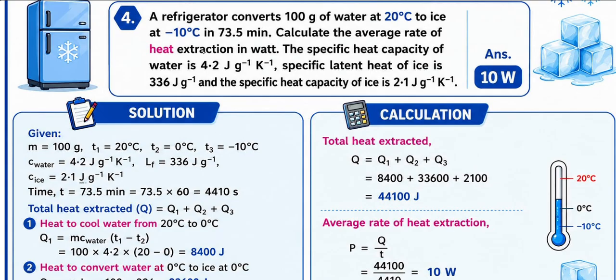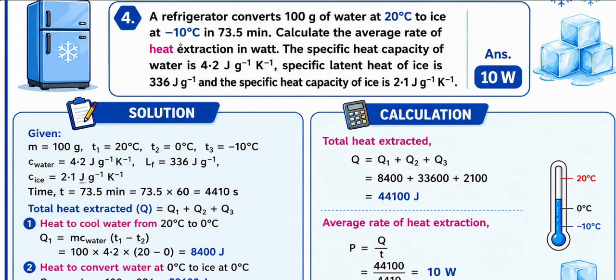First of all, we will write whatever is given to us. We are given the mass of water, small m equals 100 gram. The initial temperature of water is 20 degrees Celsius, so this is the value of T1. Now the final temperature of water is minus 10 degrees Celsius, but this is not T2.